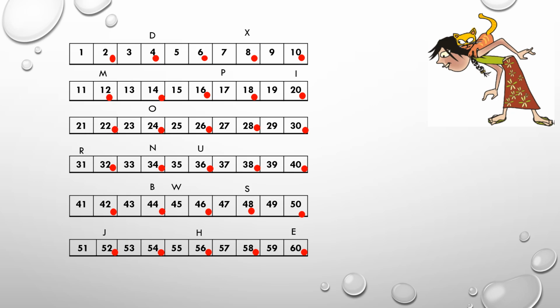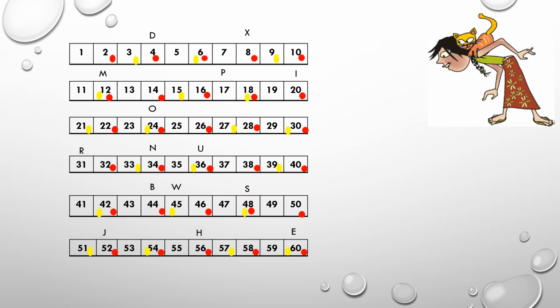Then we are going to mark a yellow dot on the numbers which can be divided by 3. So I am marking a yellow dot on the numbers which are divisible by 3, or which are multiples of 3. So 3, 6, 9, 12, 15 and so on.